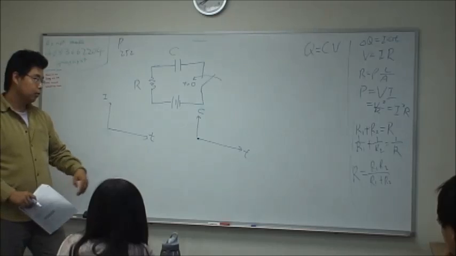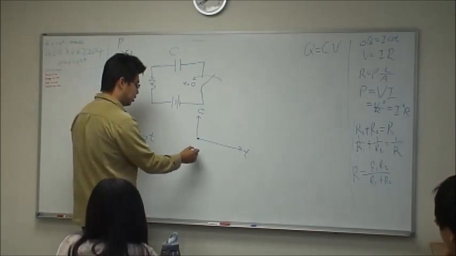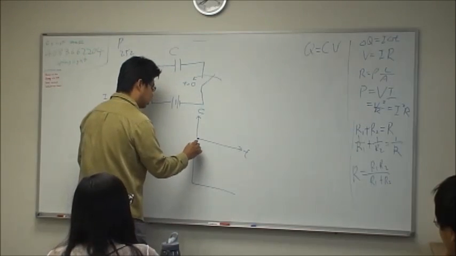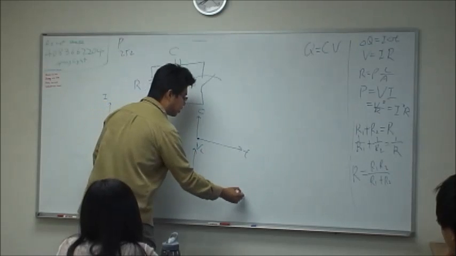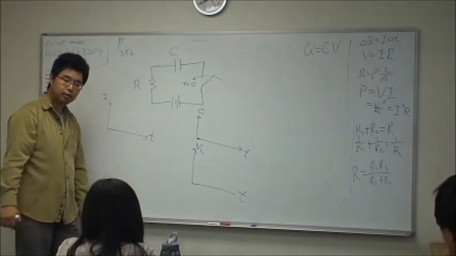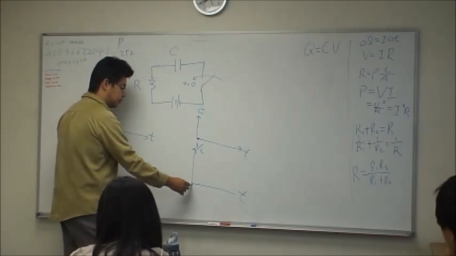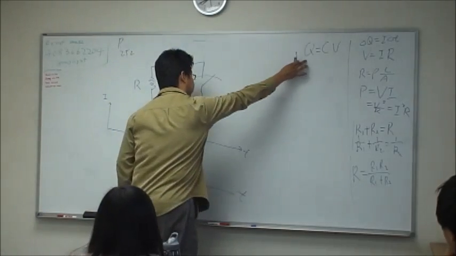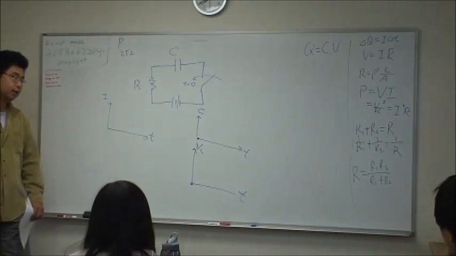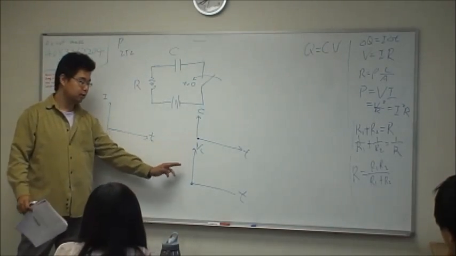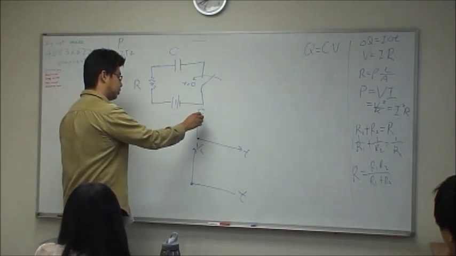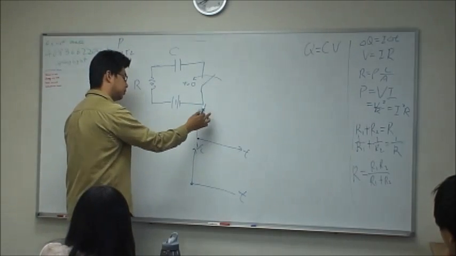Okay. When the charge is 0, what do you think about the voltage across the capacitor at time equal to 0? It's also 0, right? Because V is equal to Q over C. Q is equal to 0, okay?